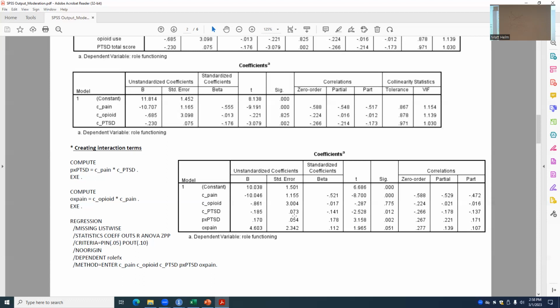And if I change this from 0 to 1, opiate use never has a unique effect on neural functioning, at least at average levels of things. And so sometimes your hand is a little bit forced in terms of how you conceptualize this, because something involved in this interaction may never have a unique association with your outcome, but it's changing the nature of the other thing, right?